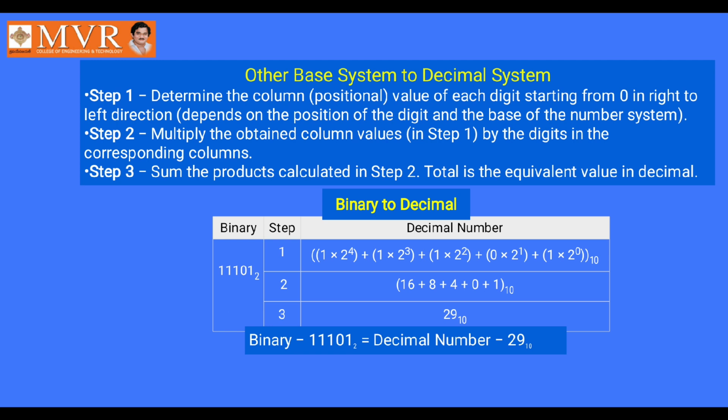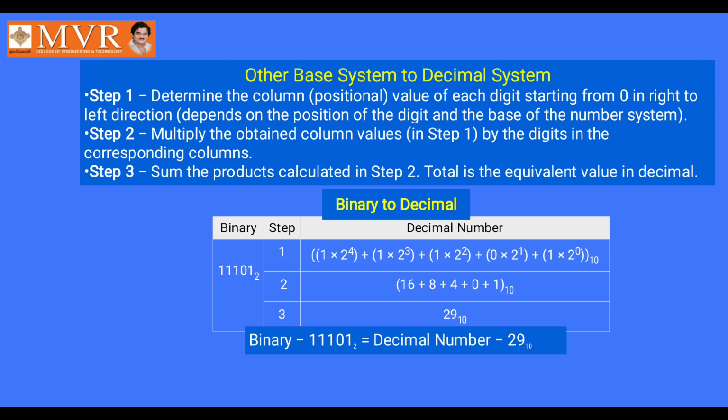So you perform the calculation: 2 power 4 into 1 is 16, 2 power 3 into 1 is 8, 2 power 2 into 1 is 4, plus 0 into something is 0, plus 1 into 2 power 0 is 1. Total put together you will get 29 base 10. So the decimal of 11101 binary is 29. This is the way you convert a binary number to the decimal system.